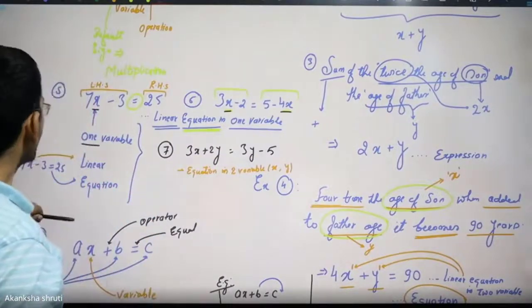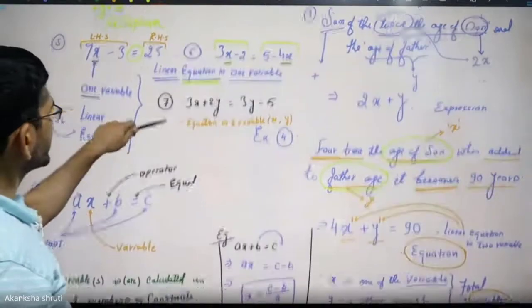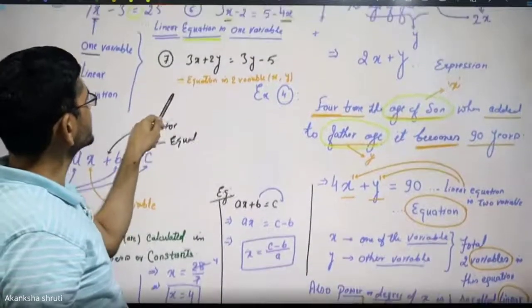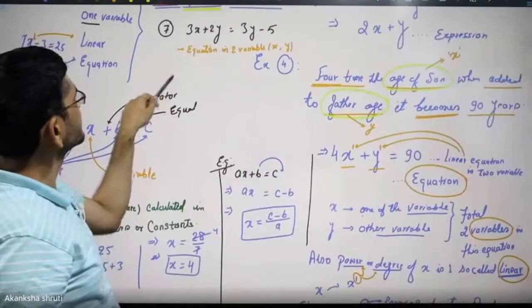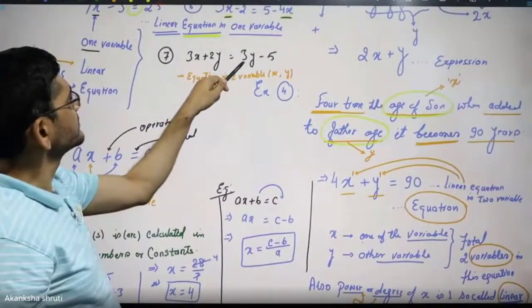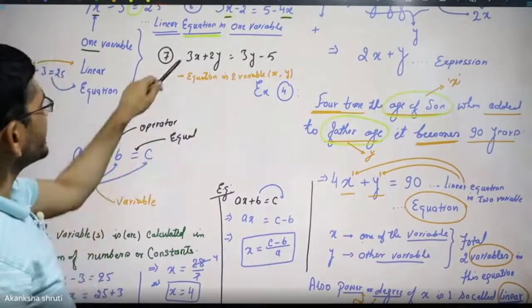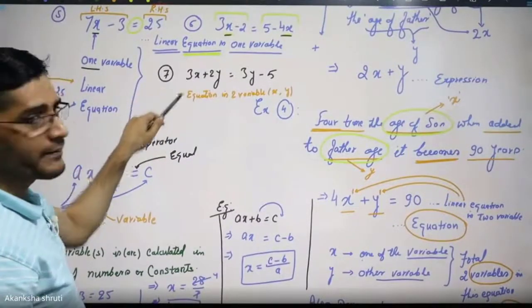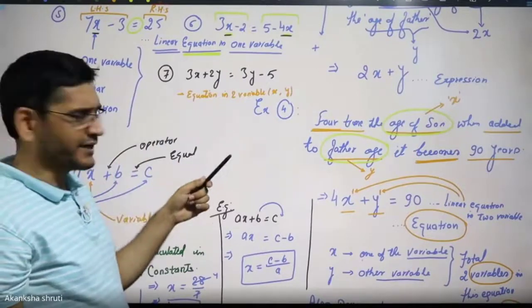Here we have taken numbers like 3x and y, but many a time we denote these fixed numbers by some alphabet also.